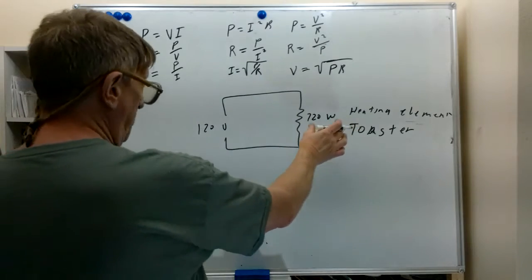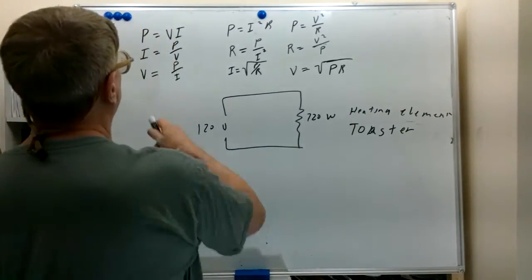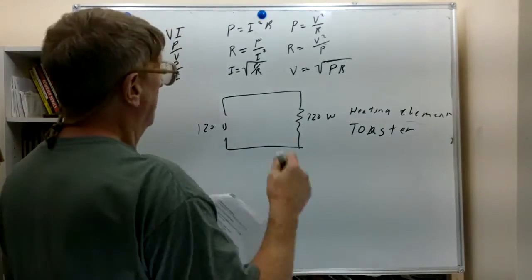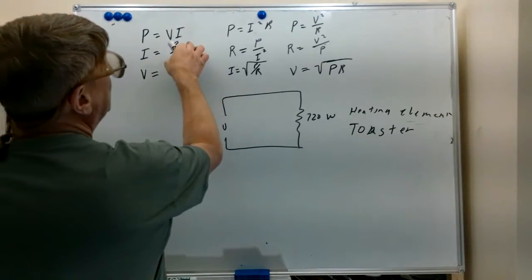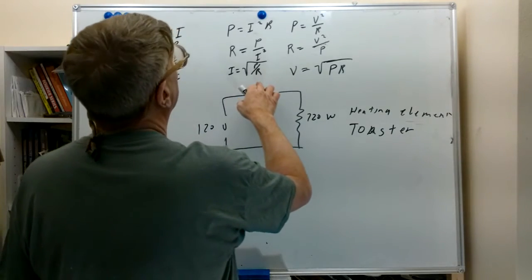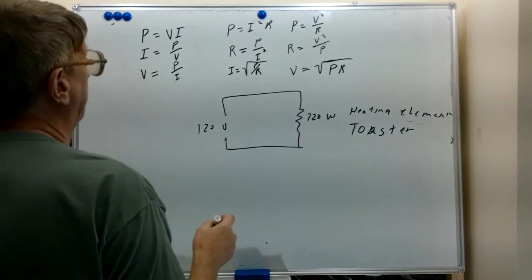We want to solve for current, we know power, and we know voltage. So we've got current formulas. Here we can solve for current if we know power and voltage. Here we can solve for current if we know power and resistance. So we have two different current-solving formulas here.